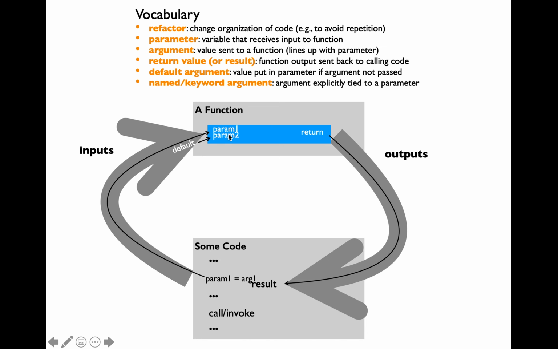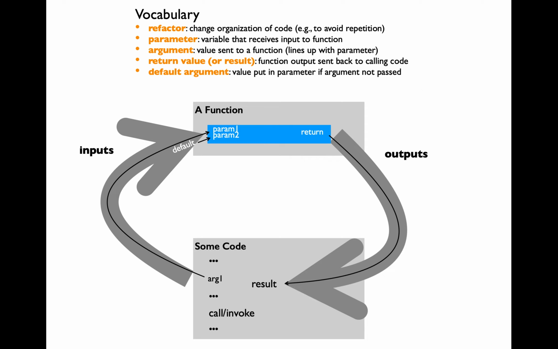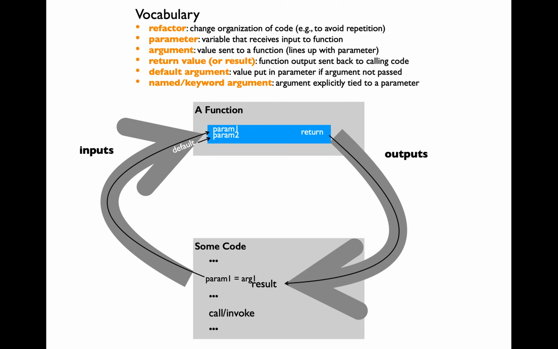The second way would be for you to use the named keyword argument and say param1 equal to arg1. Notice the difference between the two. The previous example just said arg1. The current example says param1 equal to arg1. When you don't use the named keyword argument, you're passing something which is called a positional argument. We are going to be talking about positional arguments in the next couple of lectures.